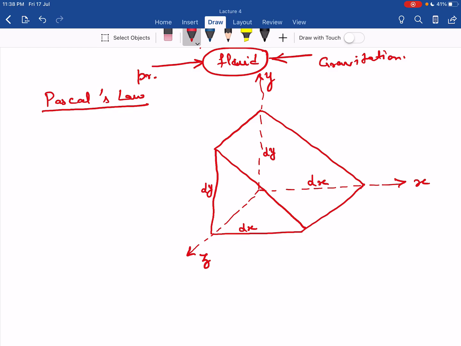Okay, and unity along the z direction. Now the angle of this wedge is say theta, and this length of the wedge is say ds.